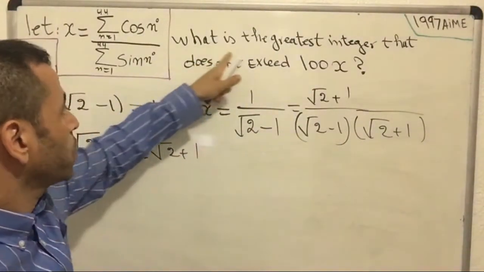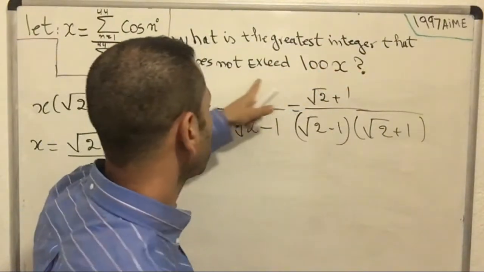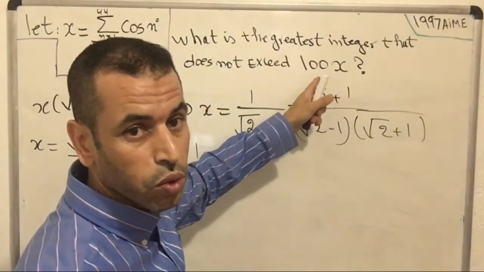But my question: what is the greatest integer that does not exceed 100x? I'm going to apply the floor here.